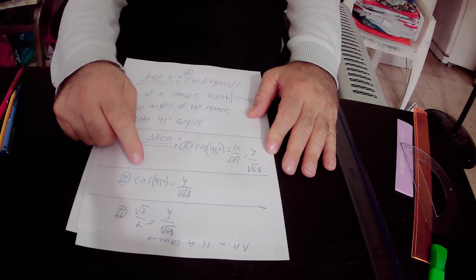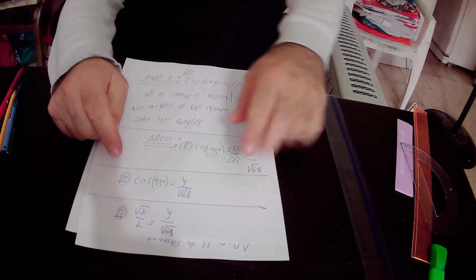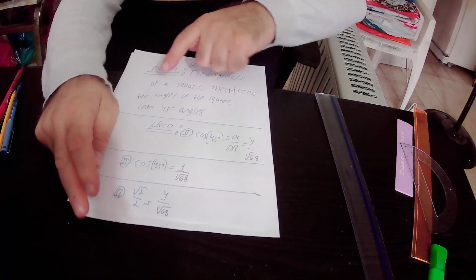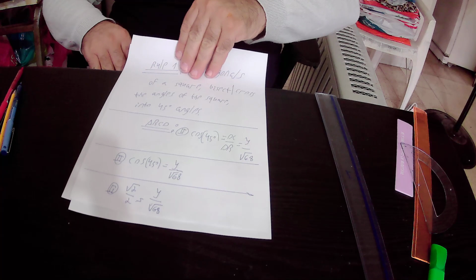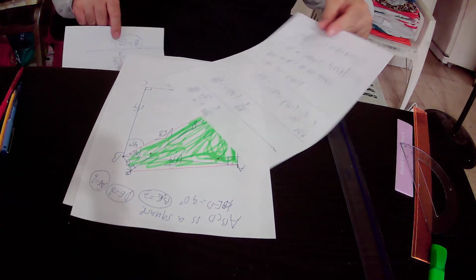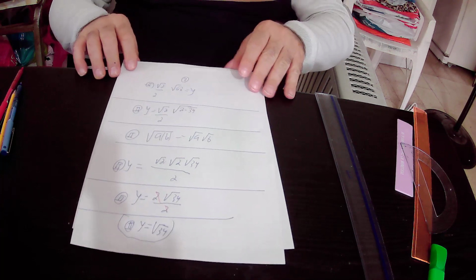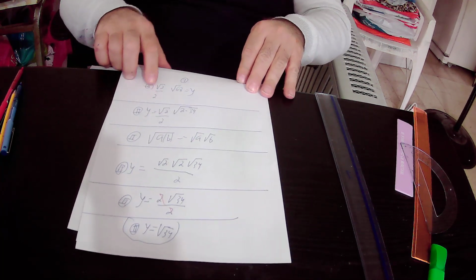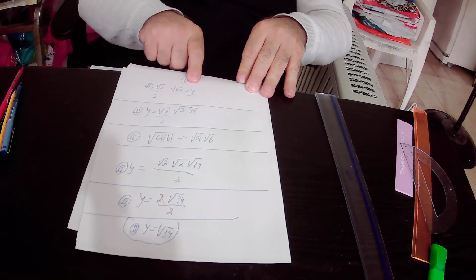So we substituted cosine 45 degrees by square root of 2 over 2. Here we multiplied equation number 2 by square root of 68, and we got that square root of 2 over 2 times square root of 68 equals to Y.